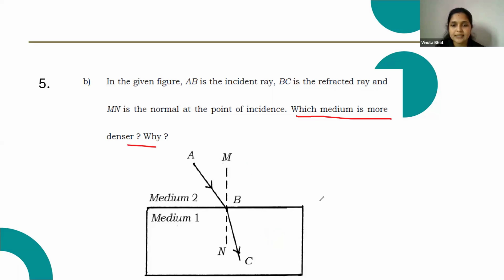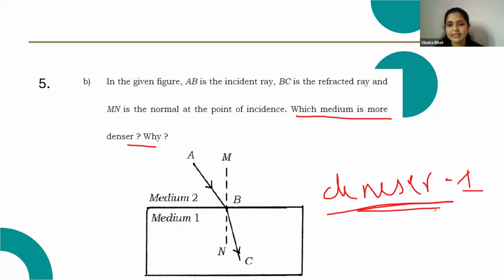Here medium 1 is the denser medium. Why? Because when the light moves from medium 2 to medium 1, from the less dense medium to the more dense medium, the light bends towards the normal MN. So medium 1 is the denser medium. Okay.